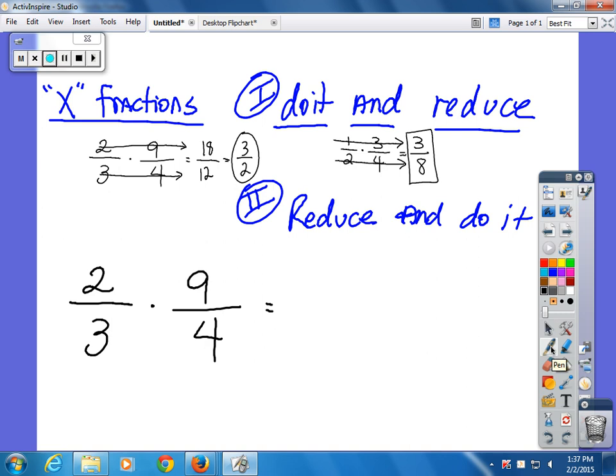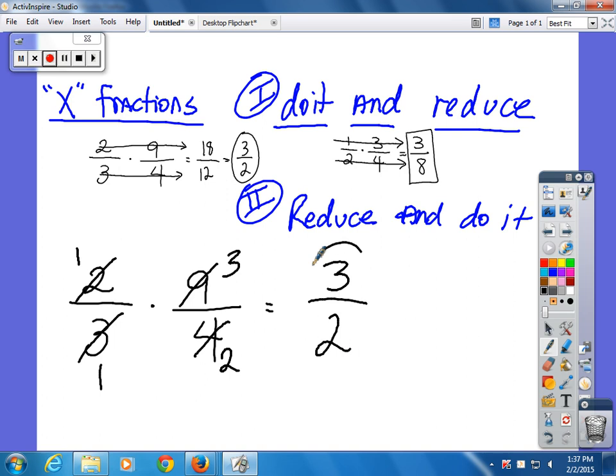I could reduce, it's called cancelization. 2 will go into 2 one time, 2 will go into 4 2 times, 3 will go into 3 one time, and 1 times 3 is, and 1 times 2 is, and that's method 2. Now I could care less which one you use. Just get the correct answer.